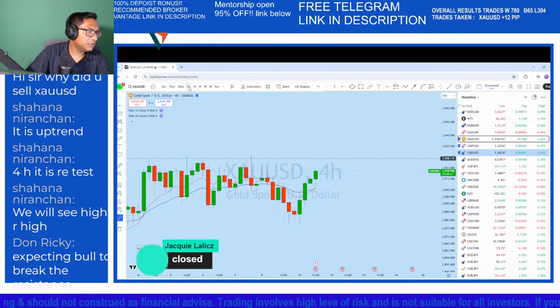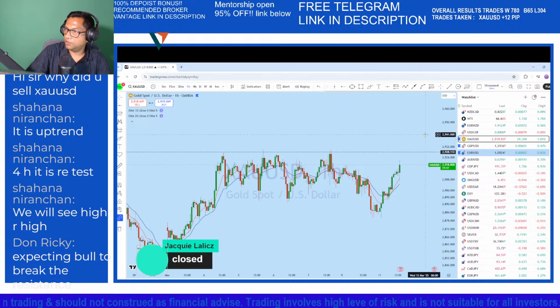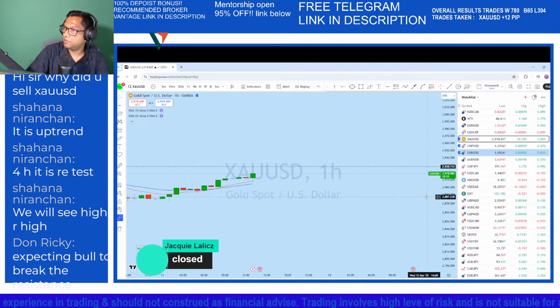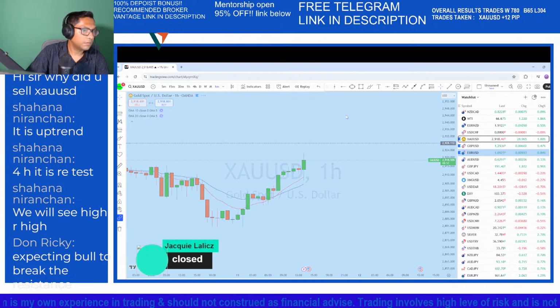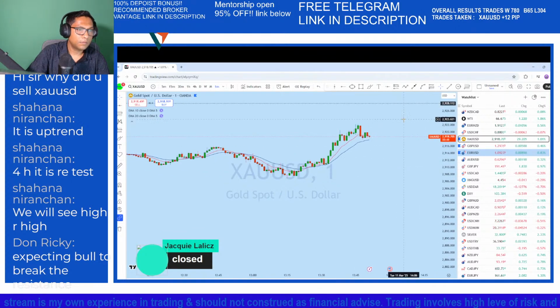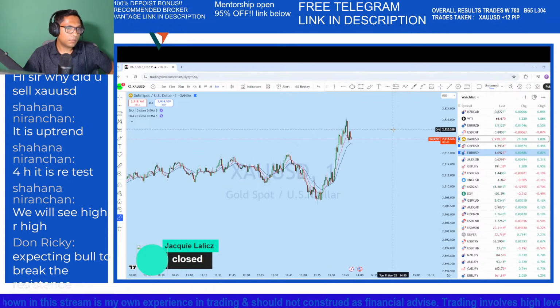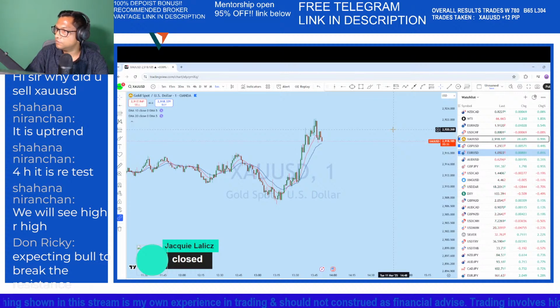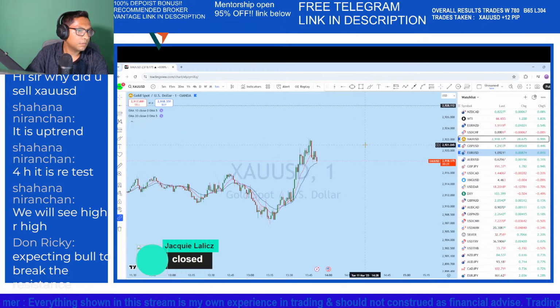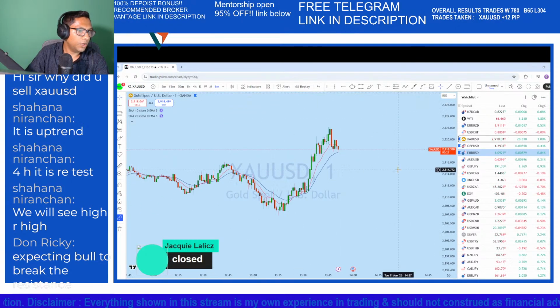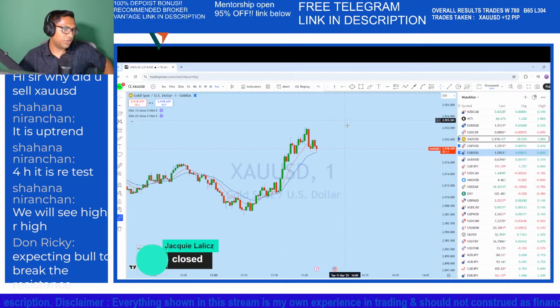In this 15 minute close, if we look at the 1 hour and the lower time frame, waiting to reorganize the trend, as there is a bullish trend here.